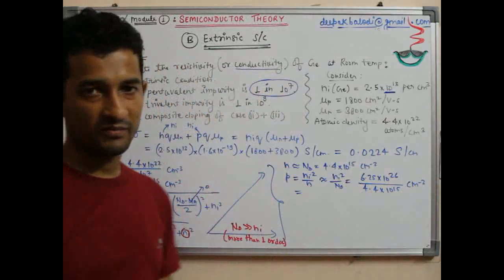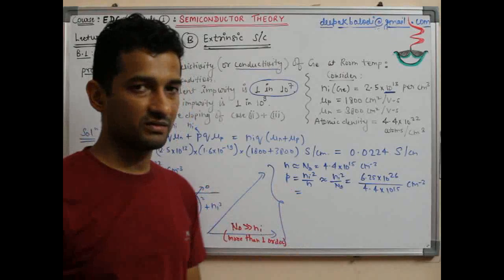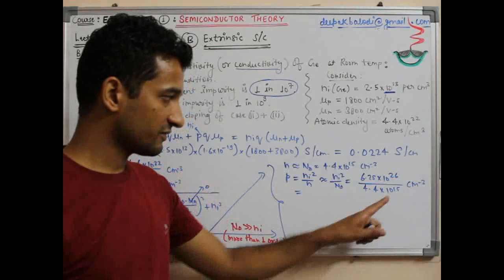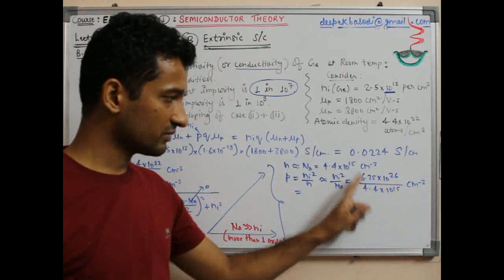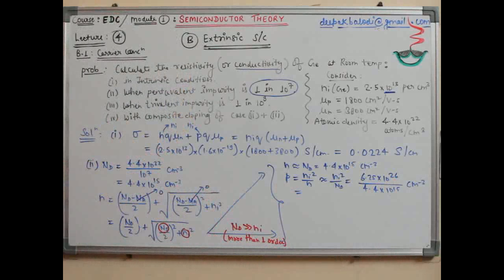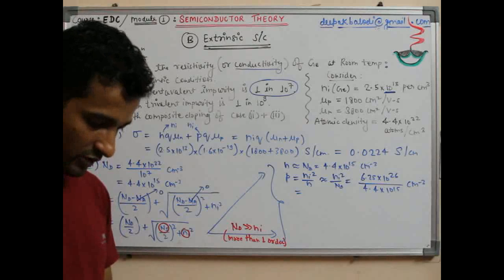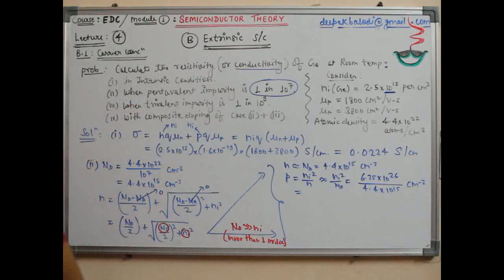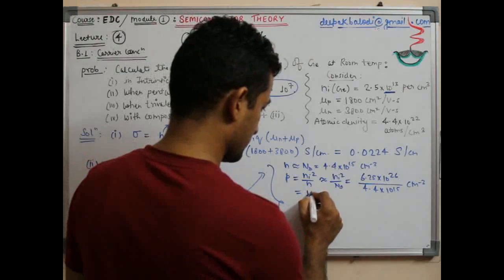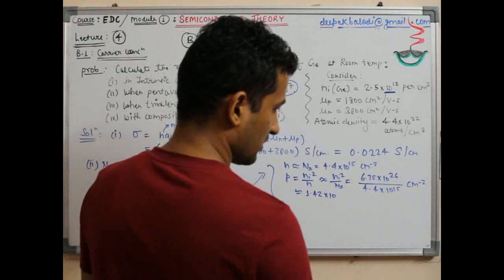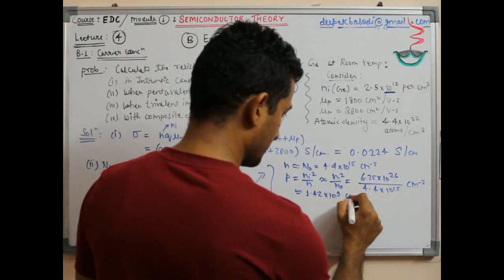So P, the hole concentration, which is the minority carrier, will come of the order of 10 to the power 9. Exactly it is 6.25 divided by 4.4, so that gives me 1.42, approximately 1.42 into 10 to the power 9.